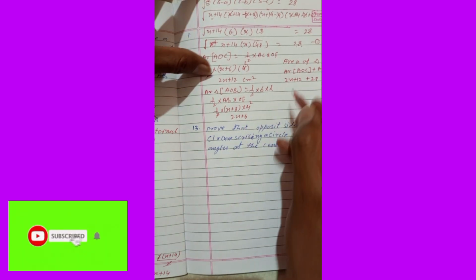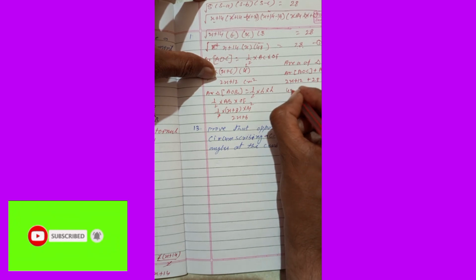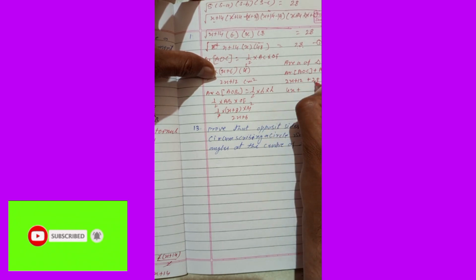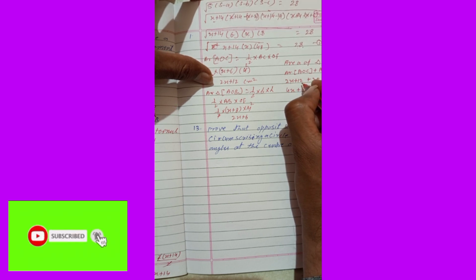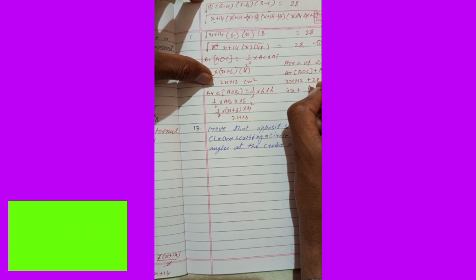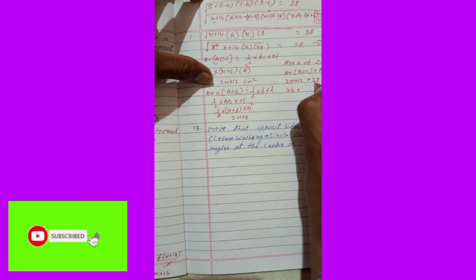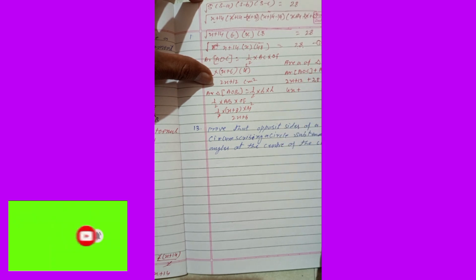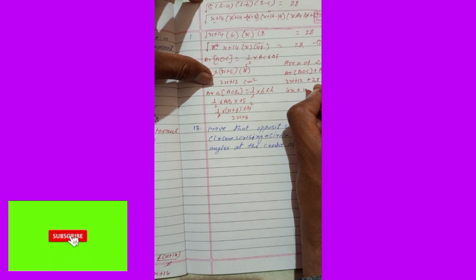Total we are doing 4x, then 6 plus 8, plus 28 is equal to 34, plus 12 is 46.